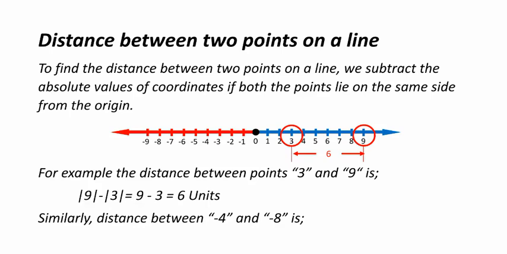Similarly, distance between -4 and -8 is absolute value of -8 minus absolute value of -4, which is 8 minus 4, that is 4 units.